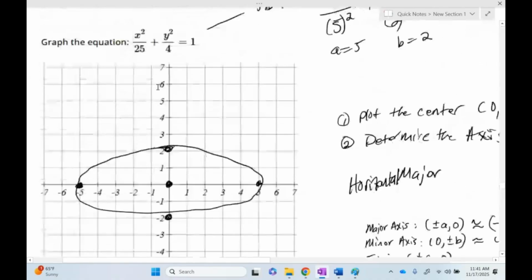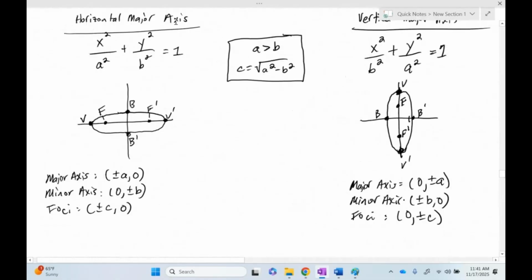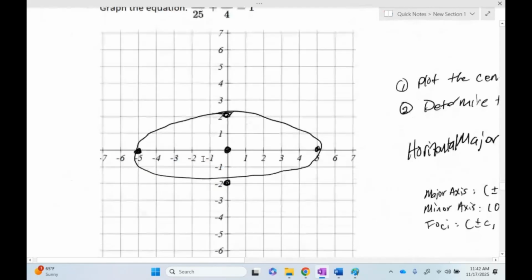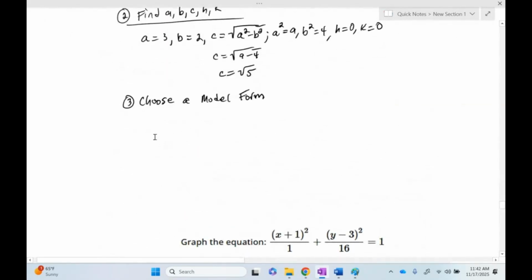So therefore, looking back at our model forms, this thing has a horizontal major axis. So what I'm going to do is simply take those formulas, choose a model form, and substitute.